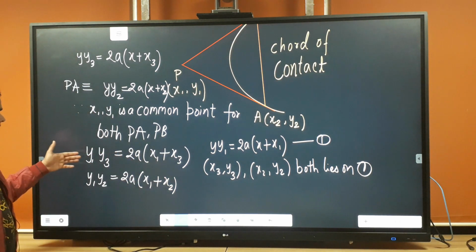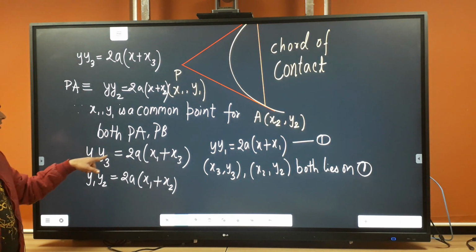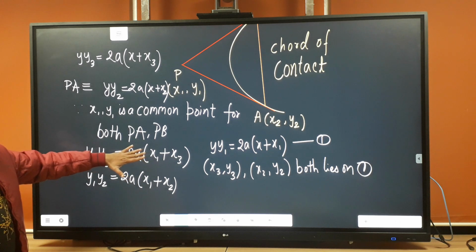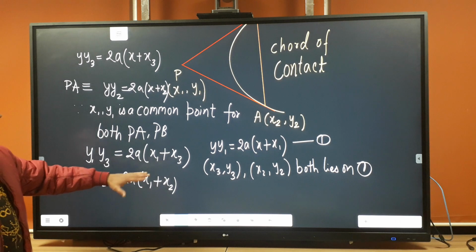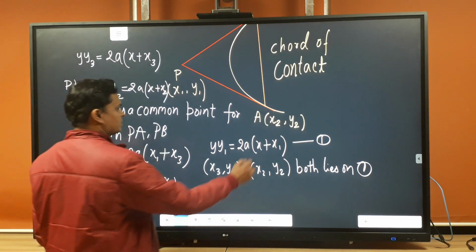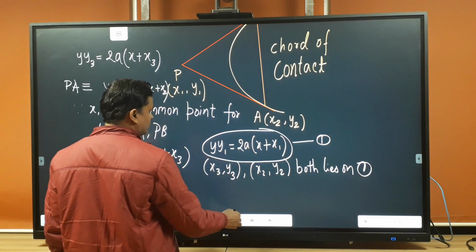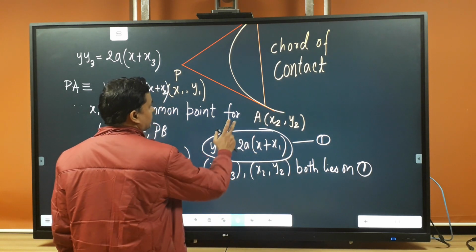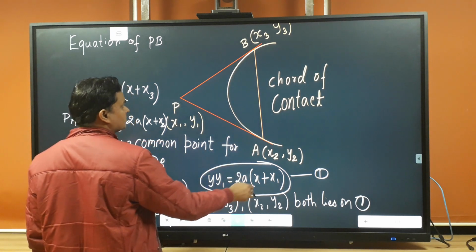Yes, because if we substitute y3 and x3 here, we get this equation, and if we substitute y2 and x2, we get the other equation. That means this is a straight line through which these two points pass. So looking at our curve, this is a straight line through which these two points pass.